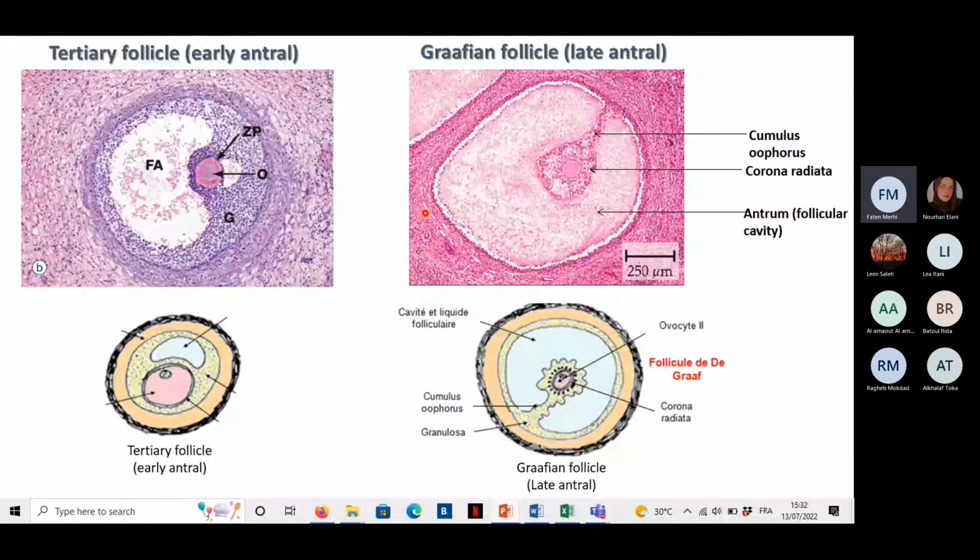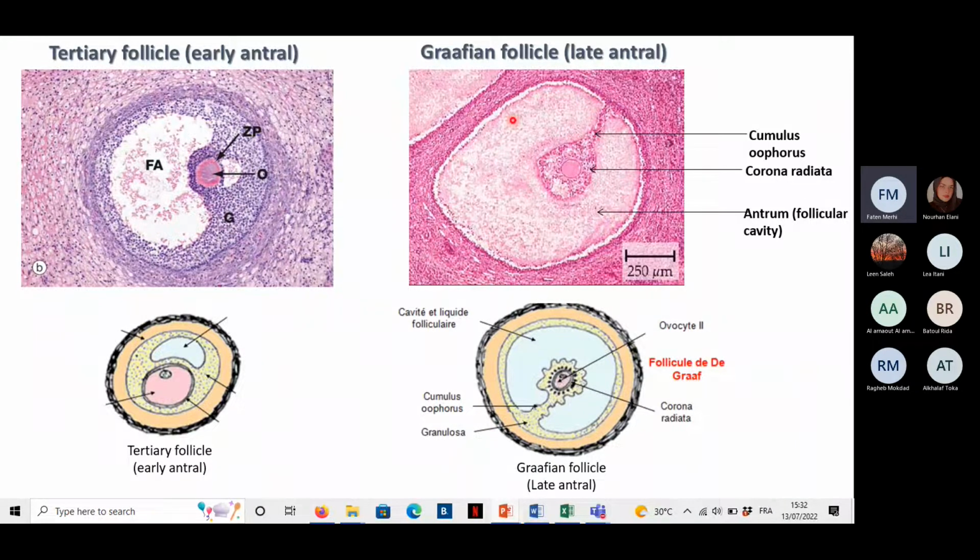You can see here that we had several layers of granulosa, and this is the antral cavity. Now, once we have the expansion of this antral cavity and the important increase in its volume, this is the Graafian follicle or the pre-ovulatory follicle.